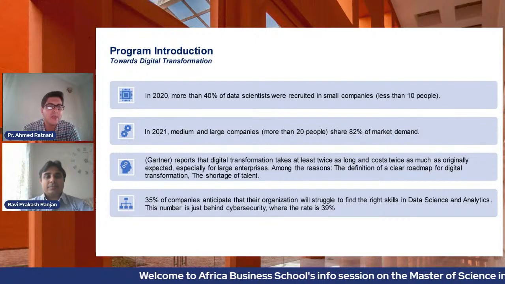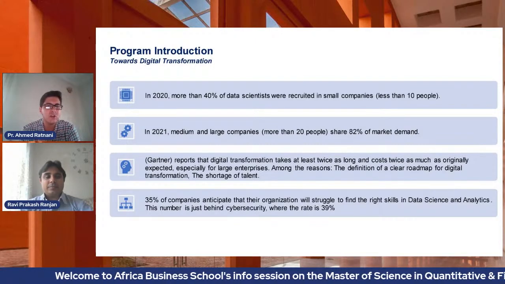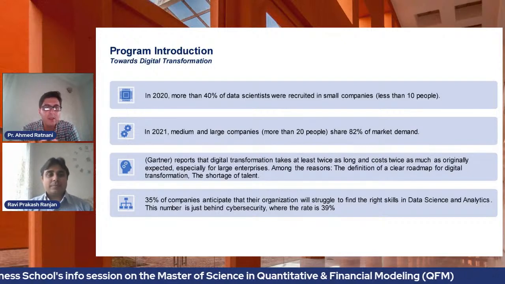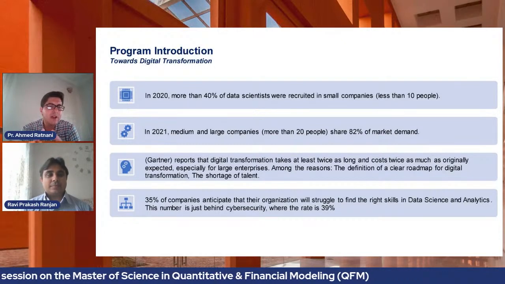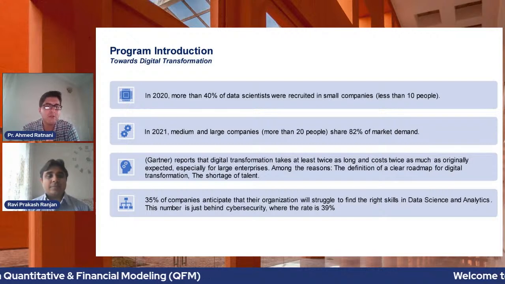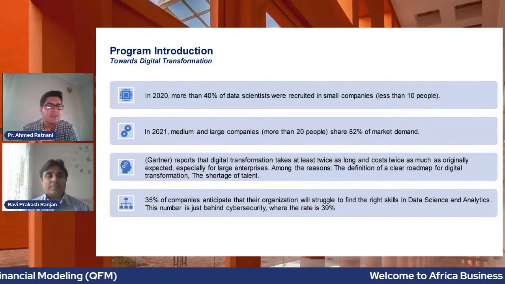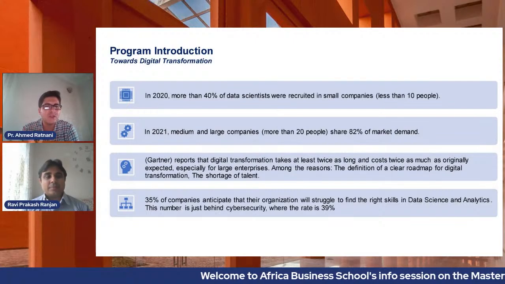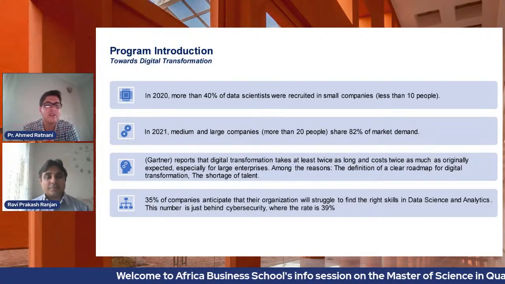But one of the main reasons is the shortage of talent. In this field, 35% of companies are anticipating right now that their organization will struggle to find skills in data science and analytics. This number is only second to cybersecurity, which is 39%.